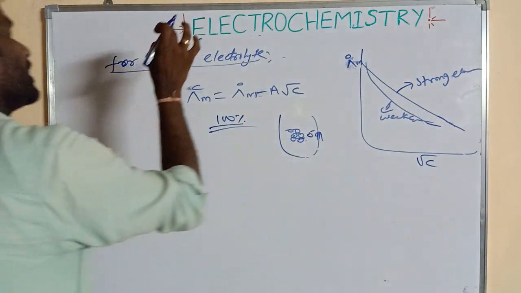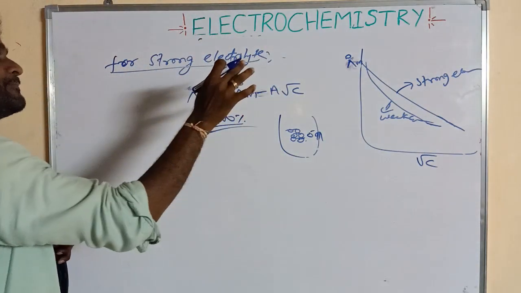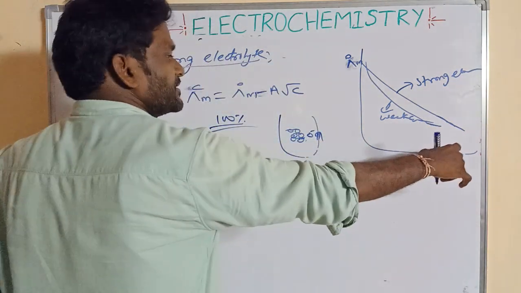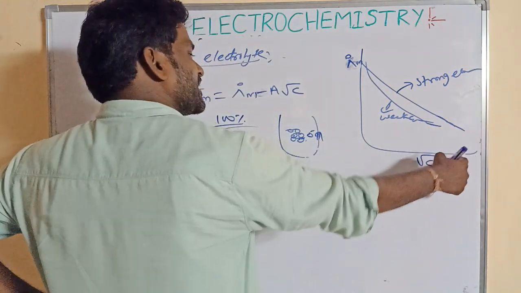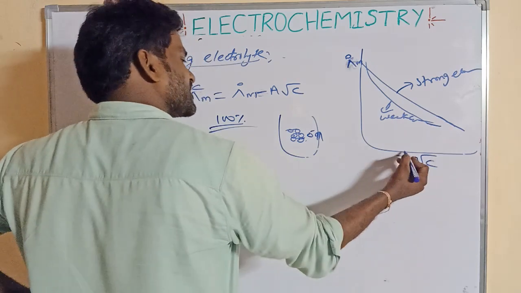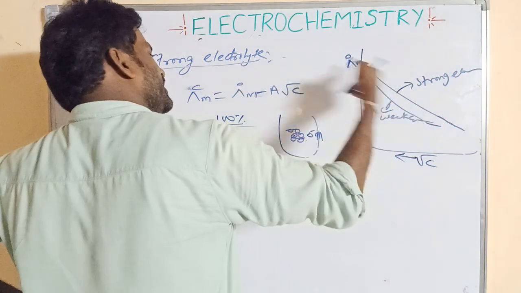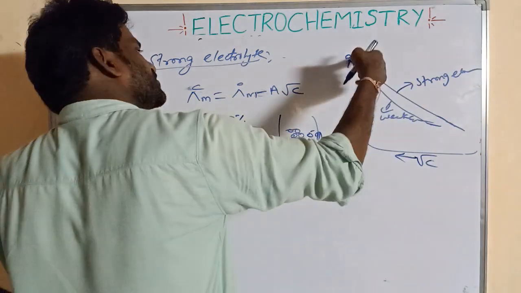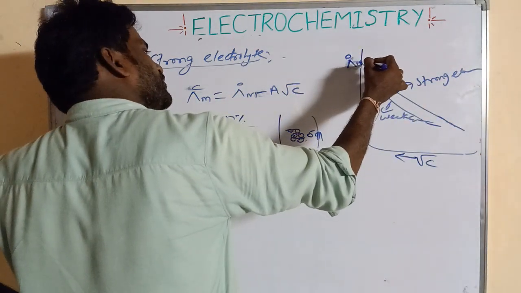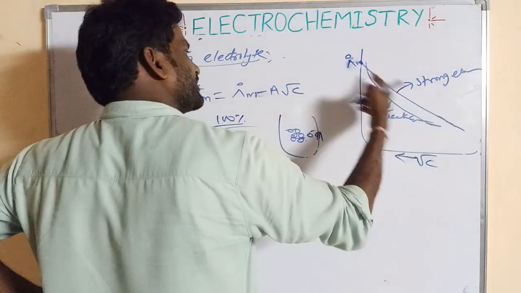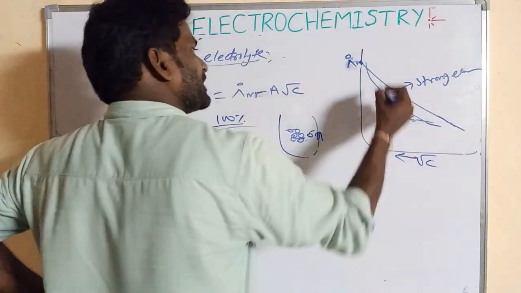So on dilution of a strong electrolyte, its conductance increases. When dilution increases, concentration decreases, so lambda m reaches its highest value. That is the limiting molar conductivity for a strong electrolyte.